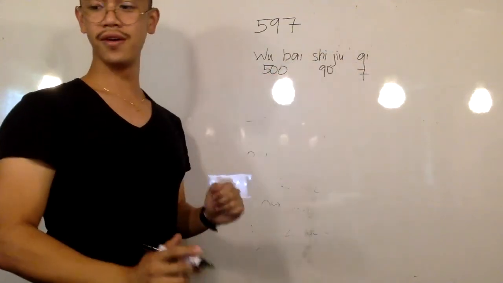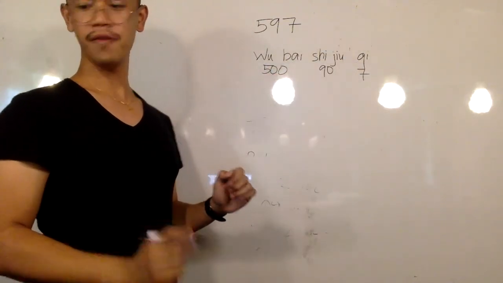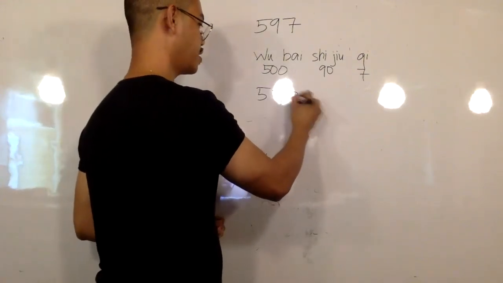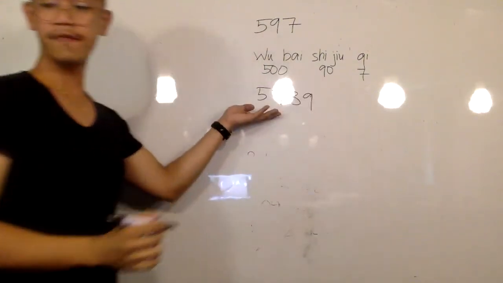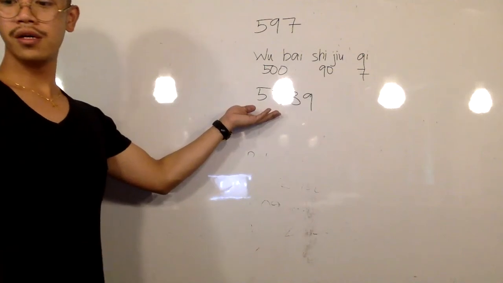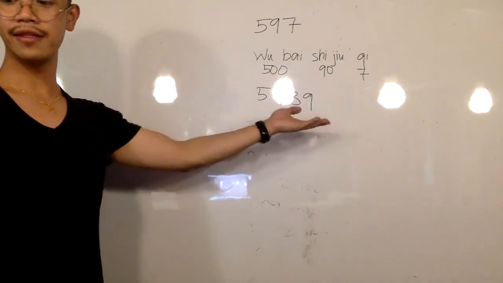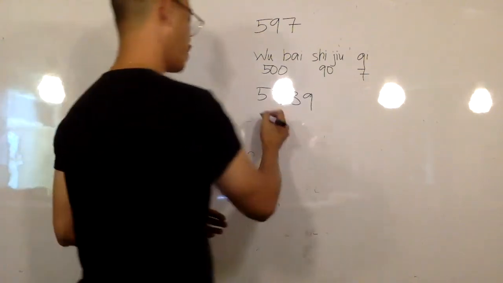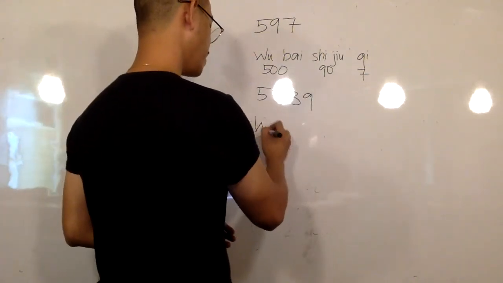Right. How do we say 5,739? Okay, we write. What is 5 again in Mandarin?